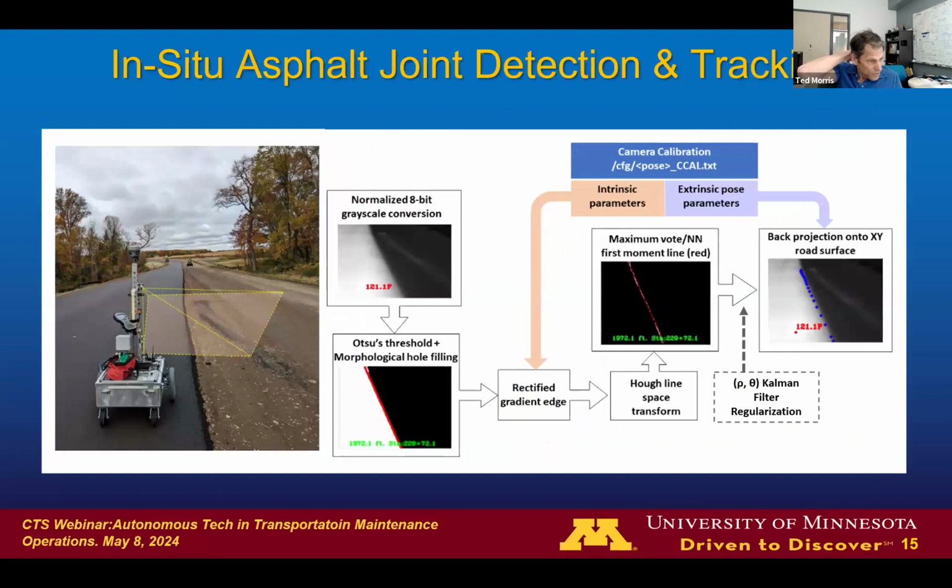So one of the things we did, besides doing the latter types of experiments with in situ joint detection and tracking. That is, when you get a drawing or your CAD information of where road center lines, lanes, and so on are supposed to be, the question is, are they actually located where they're supposed to be?